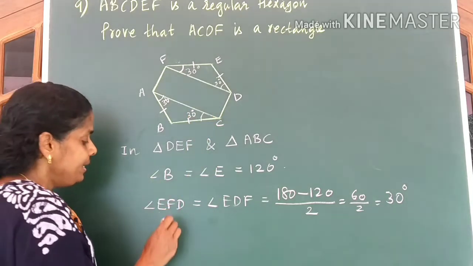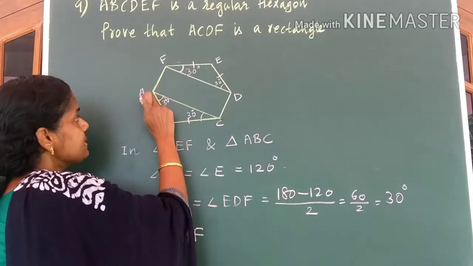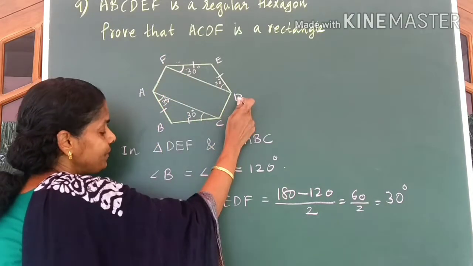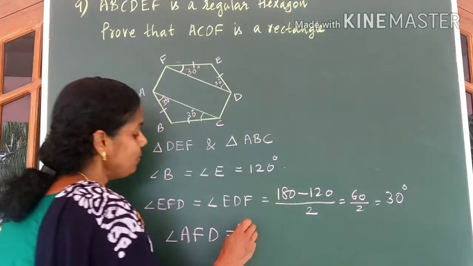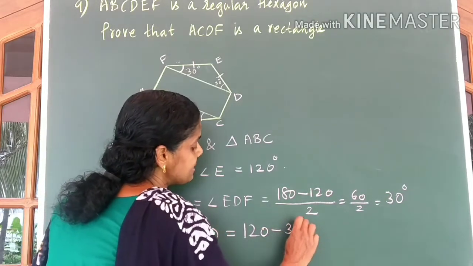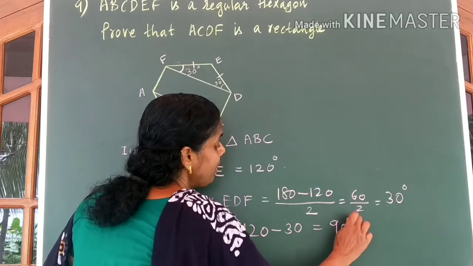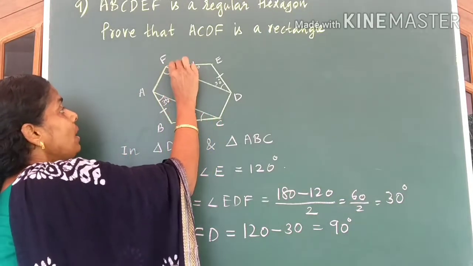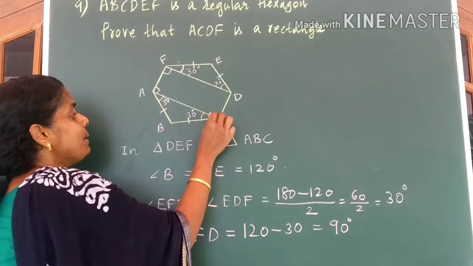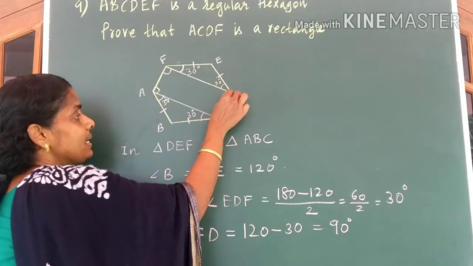Now what can you say about this angle AFD? Angle AFD will be equal to 120 minus 30, which is equal to 90 degree. So in a similar way you get all angles here to be equal to 90 degree.